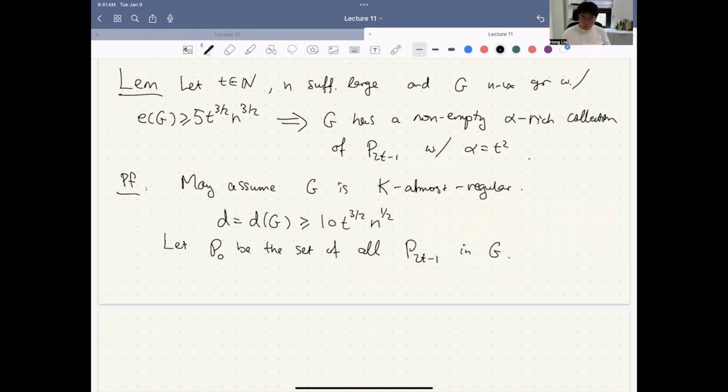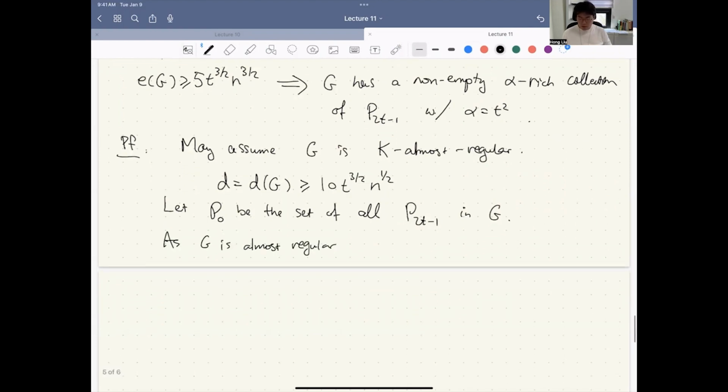Okay, so as G is almost regular, we see that most homomorphisms of P_{2t-1} to G are injective.